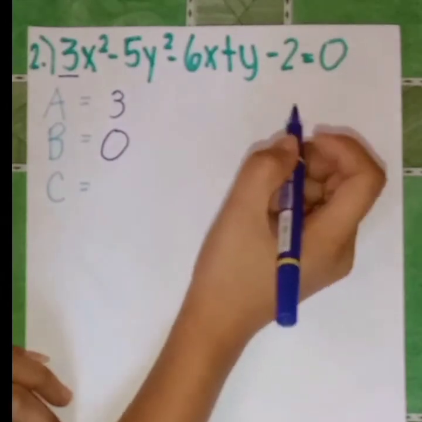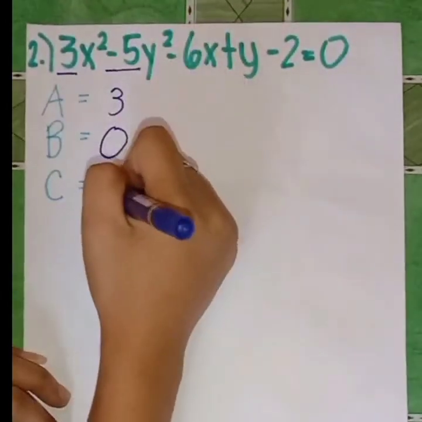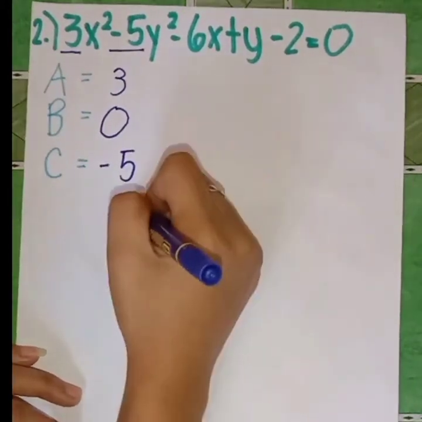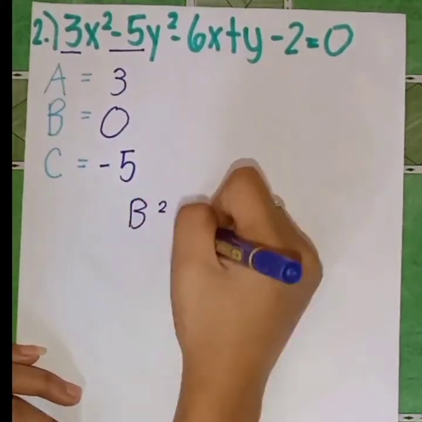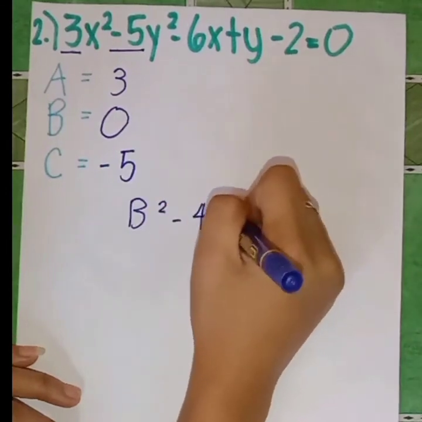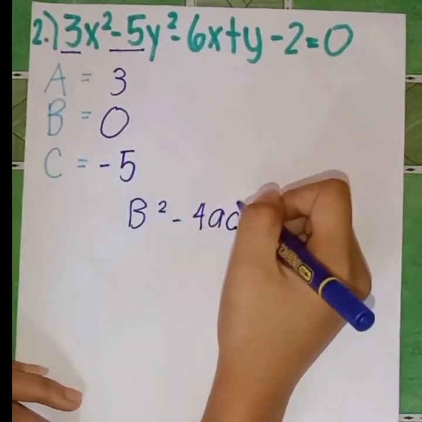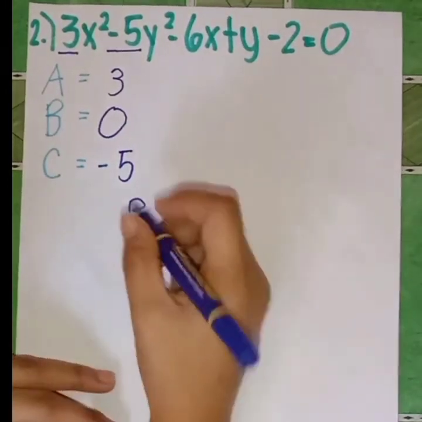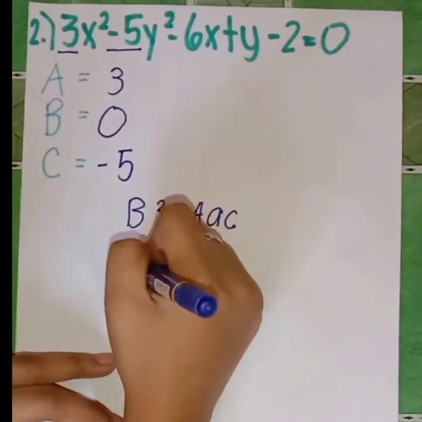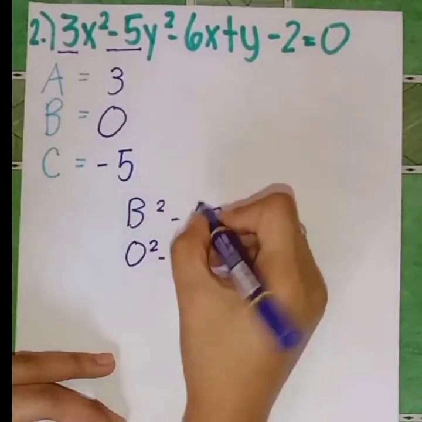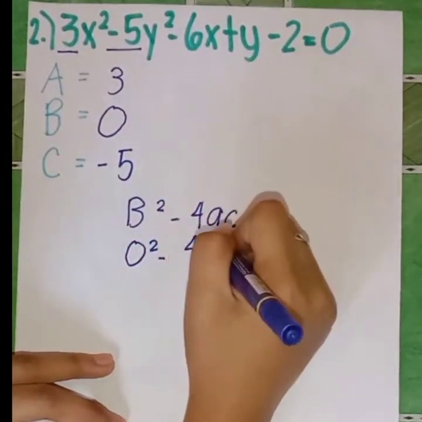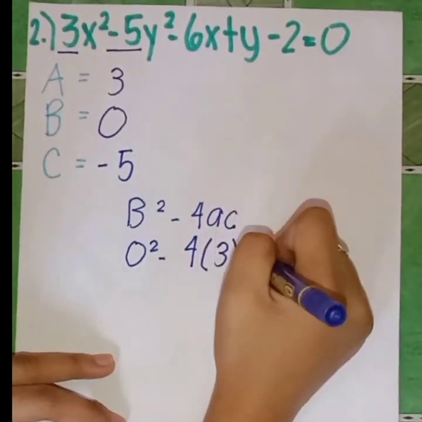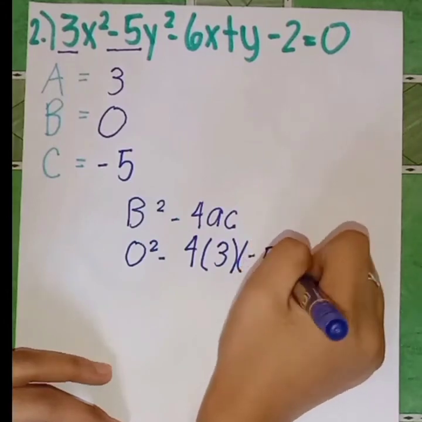And our coefficient C contains negative 5. So, the discriminant is b squared minus 4ac. All we do is distribute each value into the discriminant. The value of b is 0. Copy the constant 4. The value of a is 3. And the value of c is negative 5.